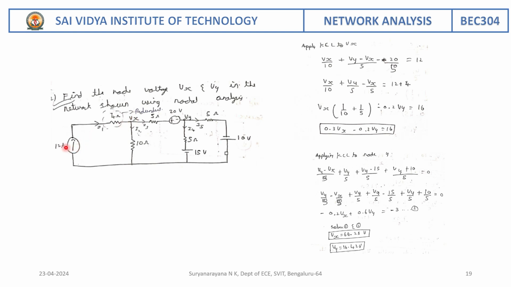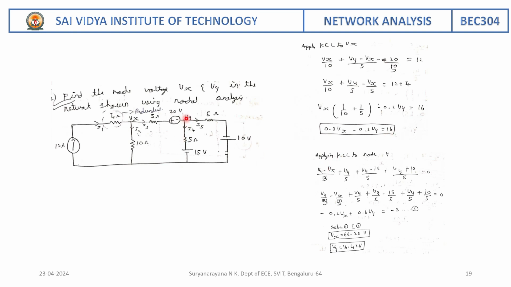Therefore I can write 12 plus 4 is 16, that is equal to Vx by 10 plus Vx minus Vy by 5. So simplify, you are going to get 0.3 Vx minus 0.2 Vy is equal to 16.